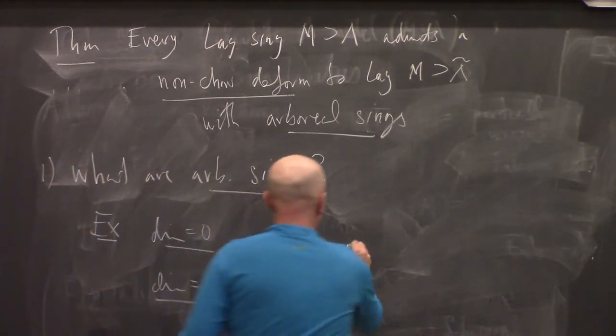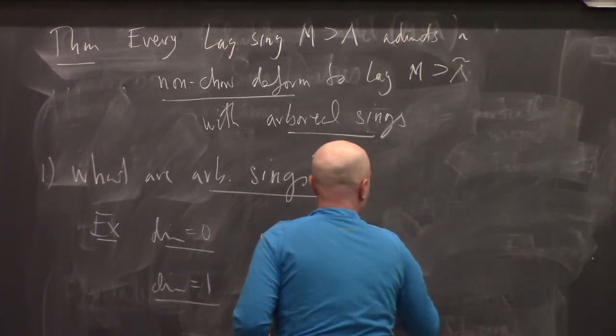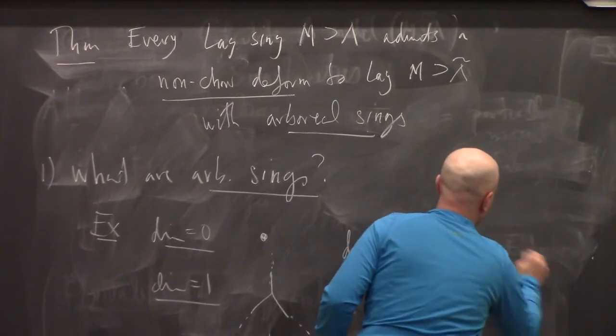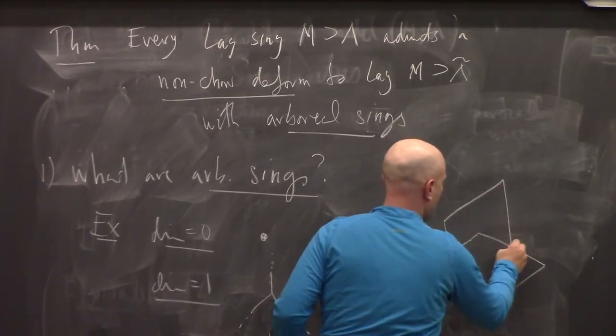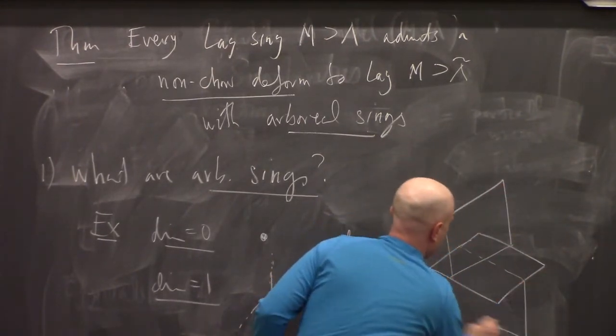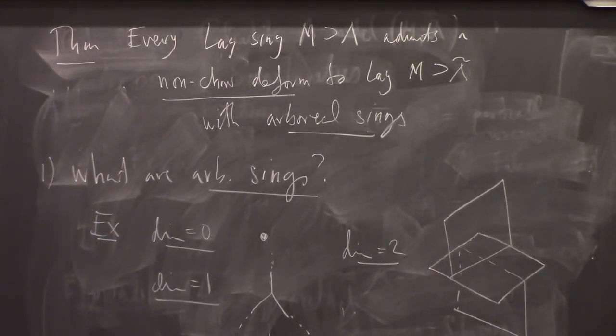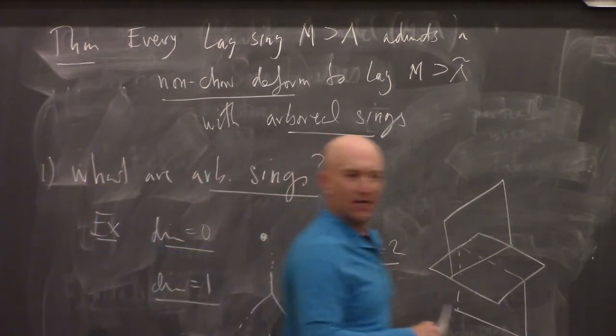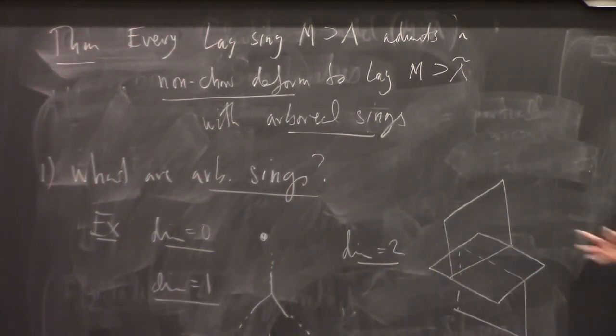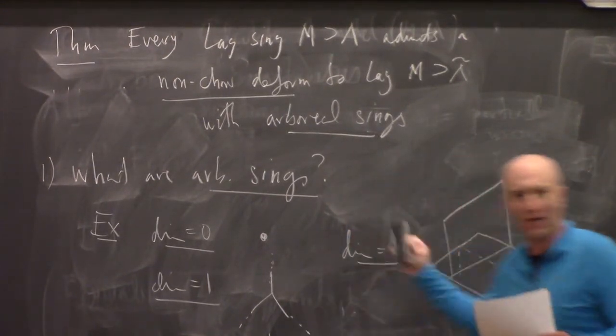In dimension equals 2, there's also only one, which looks like the following. Those who are tropicalists will recognize this kind of picture. What I've tried to draw is 3 planes intersecting in a transverse arrangement. So this is a 2-dimensional Lagrangian, and when you get up to dimension 3, there start to be more. So let me tell you now the general story.